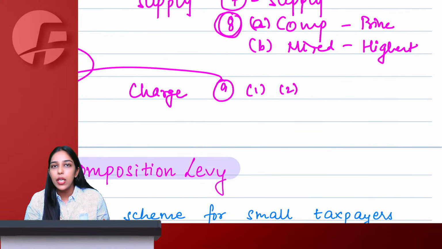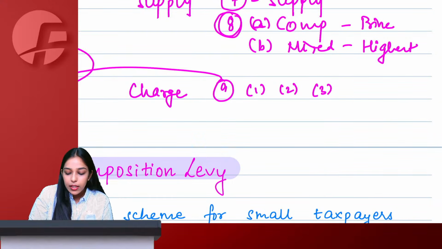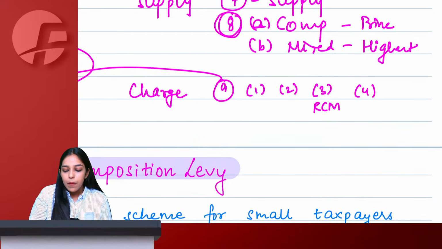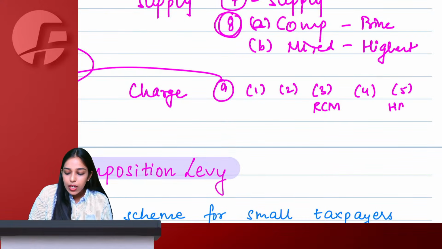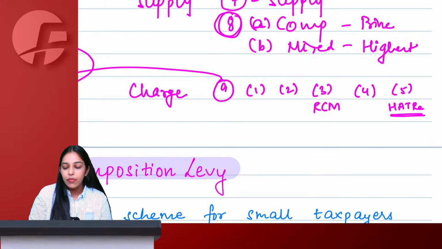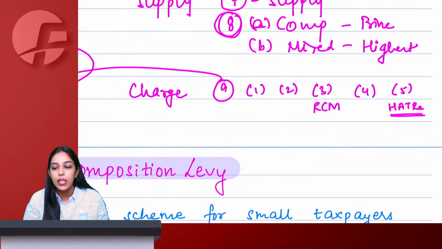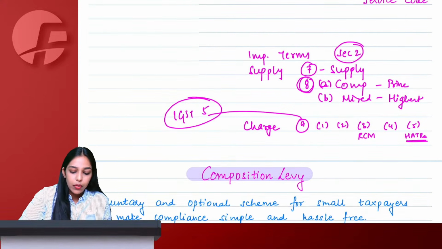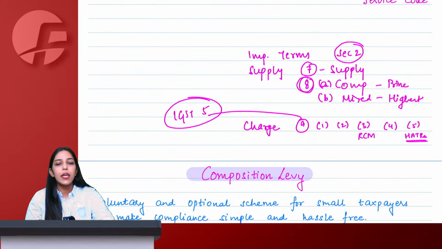GST is not applicable today but will be applicable from a future date when the government notifies. 9(3) is RCM of goods and services, 9(4) was notified for the real estate sector, and 9(5) was housekeeping, accommodation, transportation and restaurant. For these 4 services particularly, neither the supplier nor the recipient but the e-commerce operator would be liable to collect and pay GST to the government. This was all that we had completed in part 1.